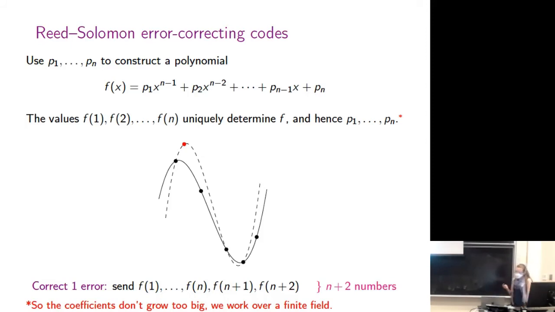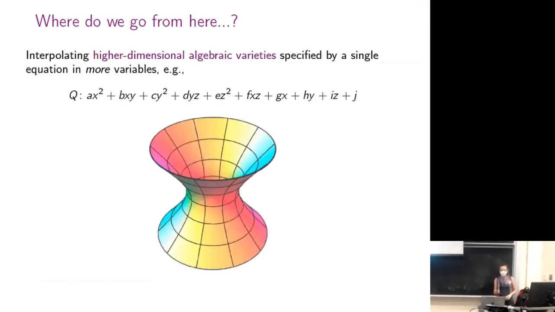Okay. So where do we go from here? Maybe the fact that this is messing up is giving away. There are many possible things we could do. Here's one: we could try to move into higher dimensional spaces and still consider single equations in higher dimensional spaces.